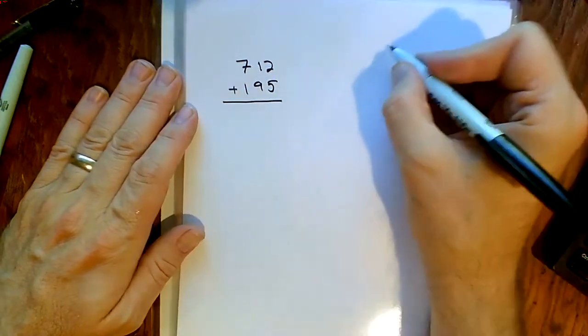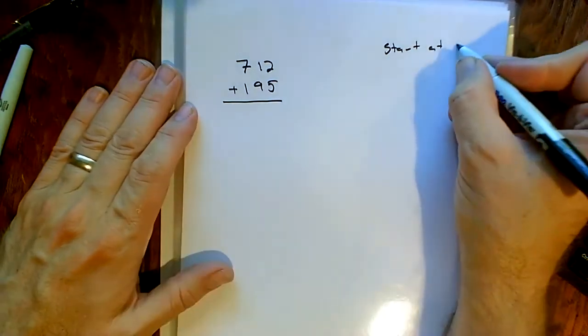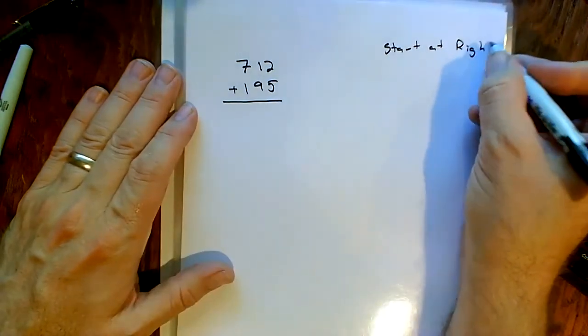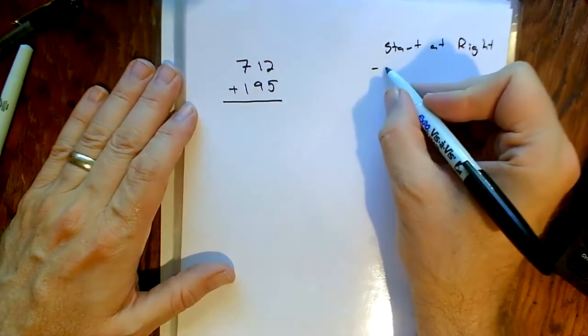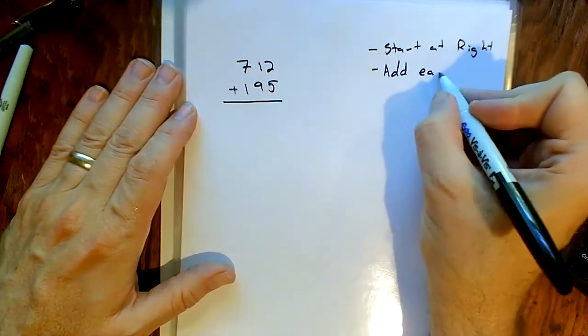What you're going to do is you start at the rightmost digit, then you add each digit.